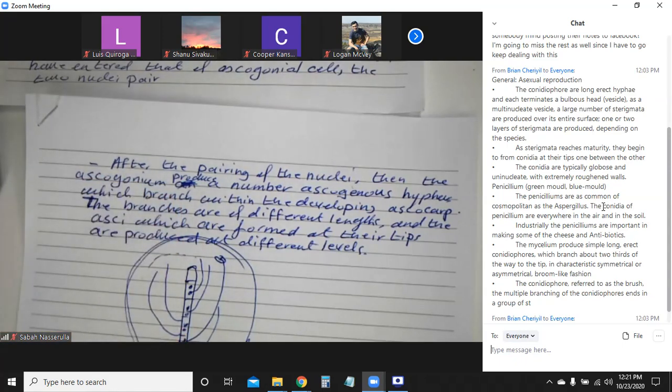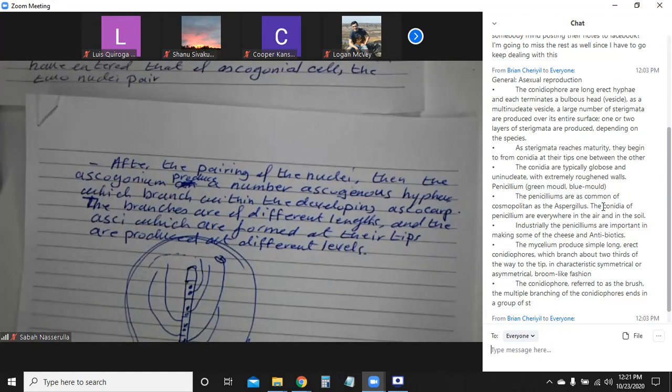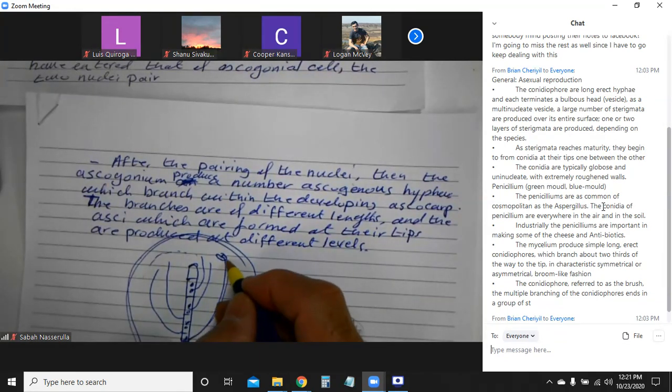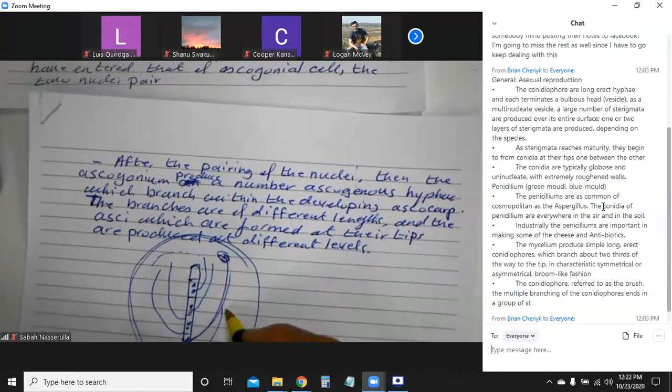This is plasmogamy. Then the two nuclei become dikaryotic and stay for a while, and later on when karyogamy and meiosis occur, these are developed and they produce, of course, the asci at different levels.